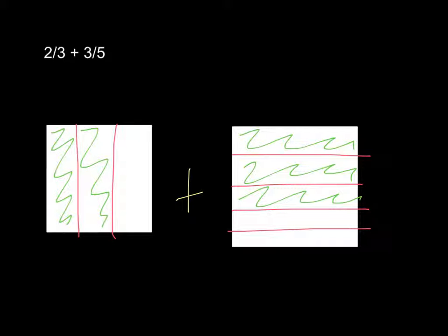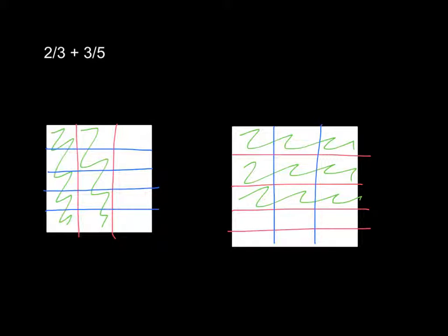And then what I'm going to do is merge my lines. And now I have these split into 15ths. You notice that if I have my denominators, 3 and 5, and multiply them together, that's one way that I can check to make sure that I have the right number of pieces.